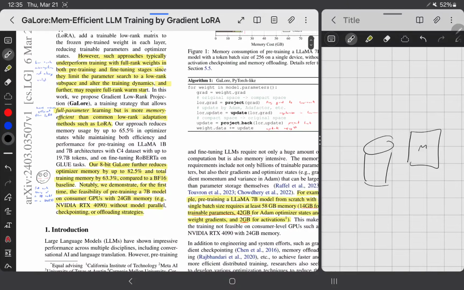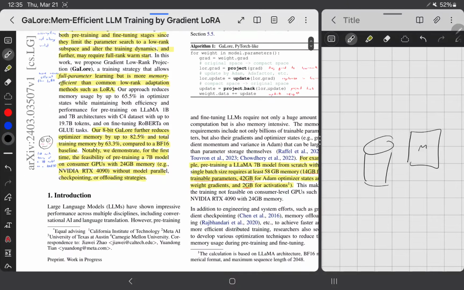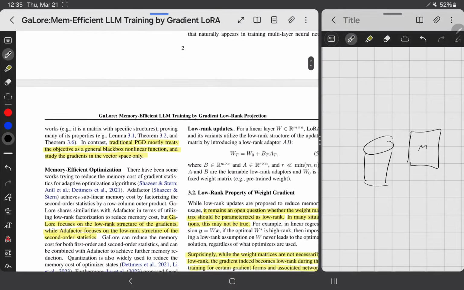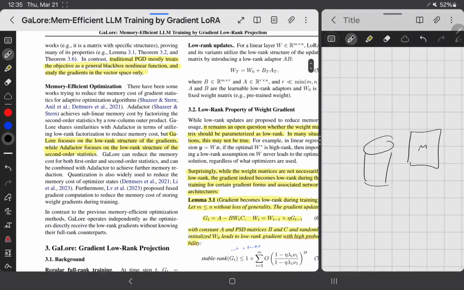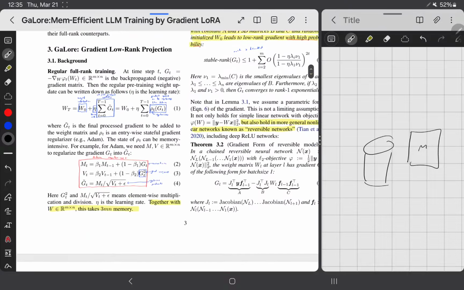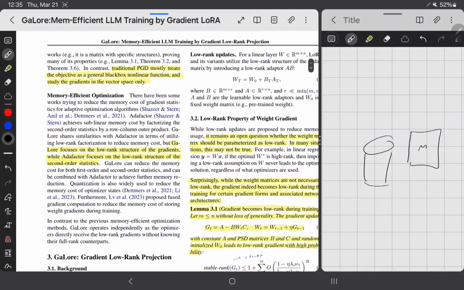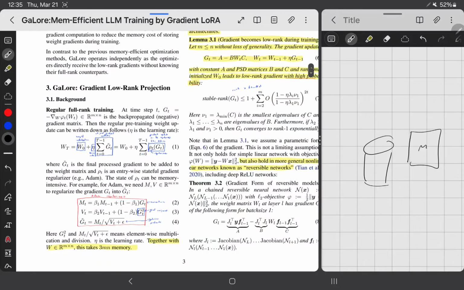So yeah, GaLore. The first thing is the intuition behind that. They have some proofs, and it's always nice whenever there are proofs, but in this case they have a lot of proofs showing that this is provably going to converge with high probability. So let's go into that.